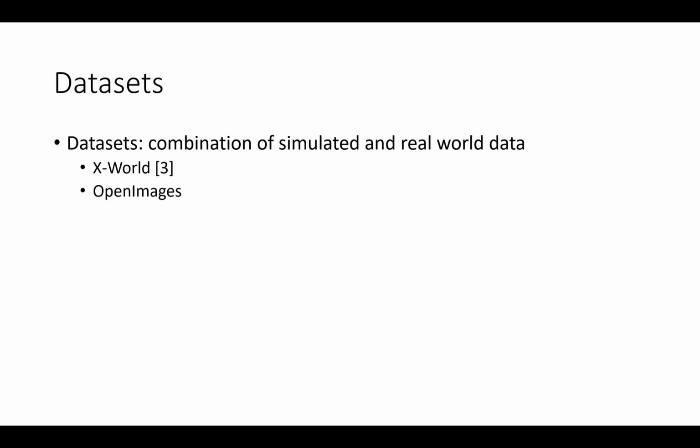So one thing that can be really challenging about this kind of application is that there isn't honestly a lot of real-world data sets, which is why we ended up basically supplementing our data with simulated data from XWorld. So XWorld is a simulator that provides a whole bunch of different kinds of wheelchairs and a whole bunch of images for training models like ours, and we found it useful in this application.